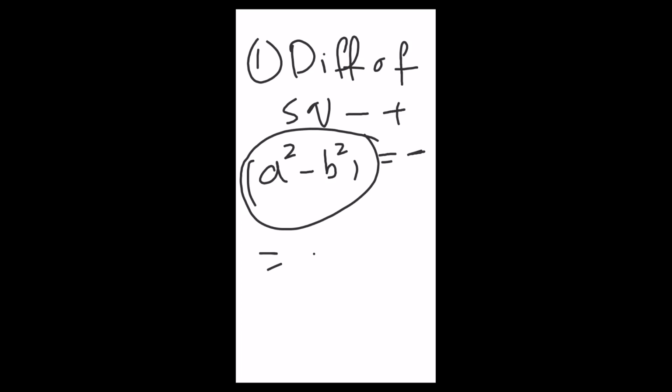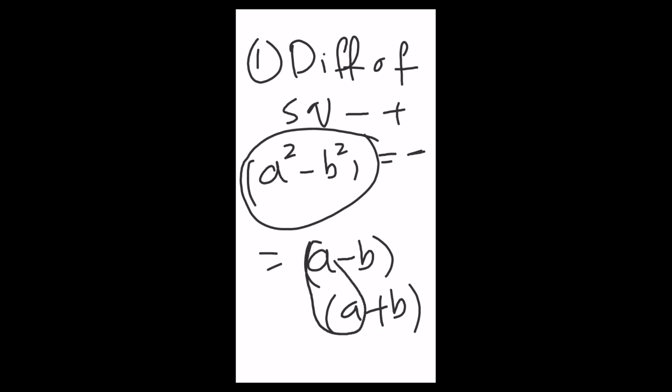So I know that if I write one time a minus b and one time a plus b, one time minus and one time plus, and I multiply them, it will be a square, and I multiply b with b, it will be b square.